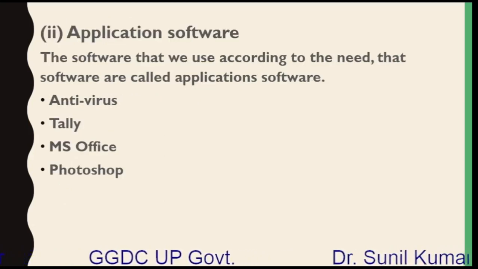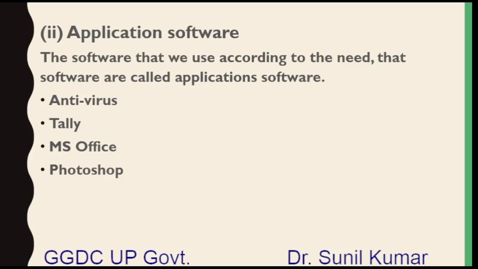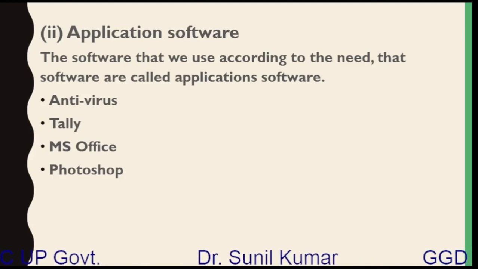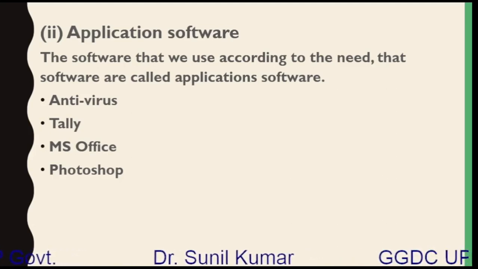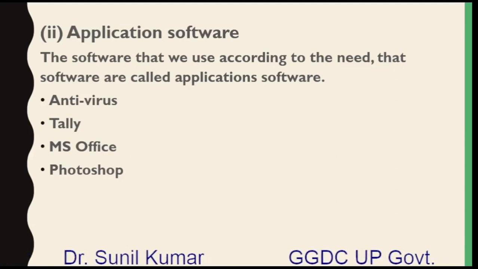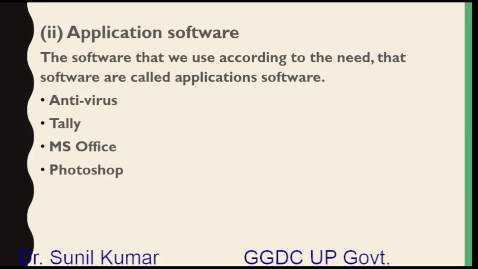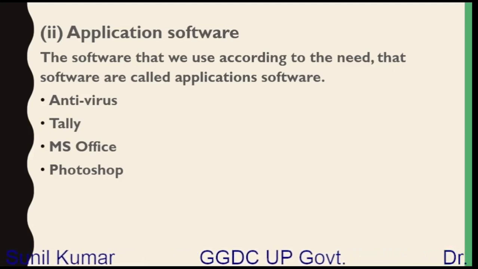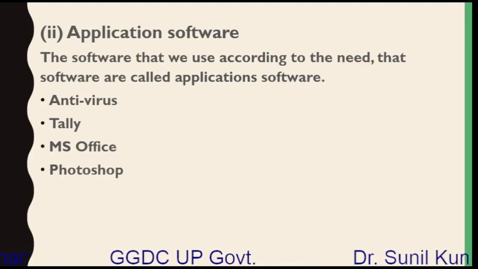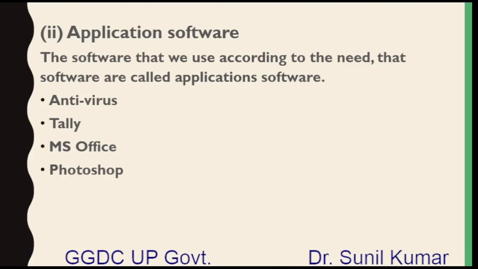Second is application software. Application software is the software that we use according to our need. That software is called application software. There are many types of application software, such as antivirus, Tally, MS Office, and Photoshop.